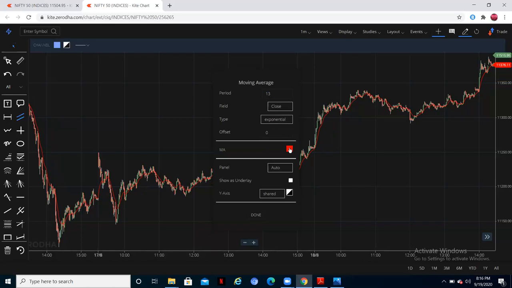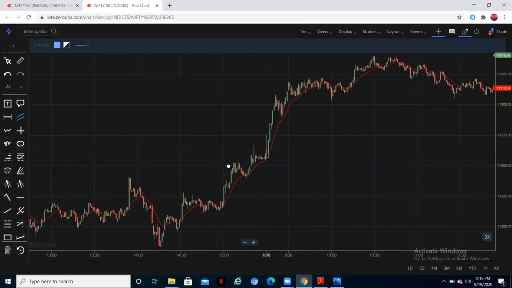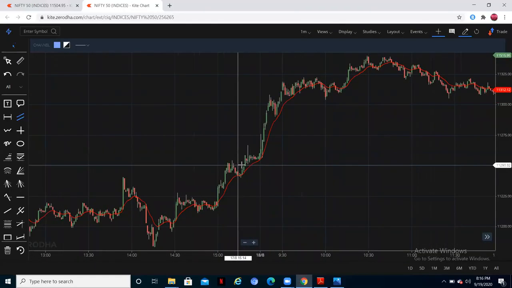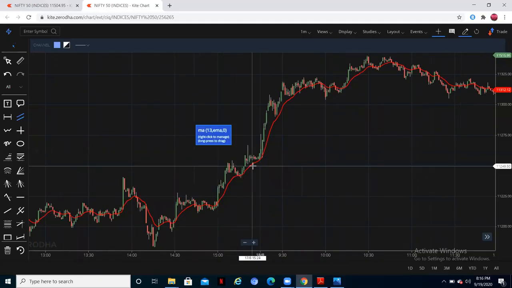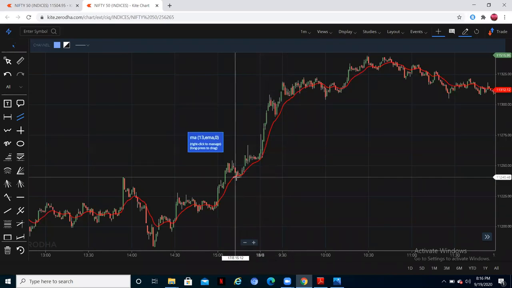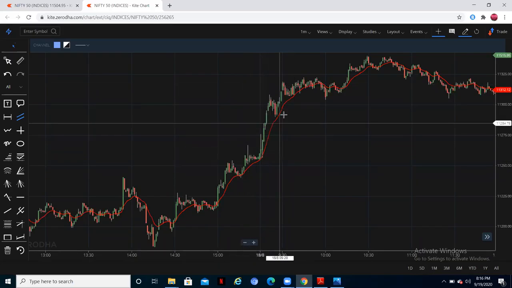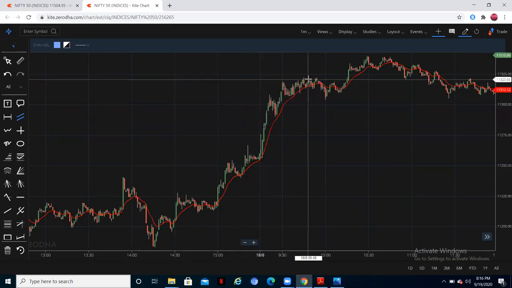Here I'm denoting this with red color. So this is your first indicator, a 13-day exponential moving average, denoted in red, which tells you about the trend of the stock. Trend of the stock means the direction of the stock. Here you can see the stock is bullish, so the average is also behaving in a bullish way. It is moving along with the direction of the stock.